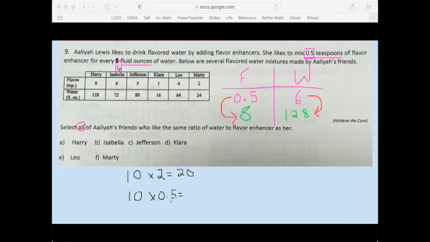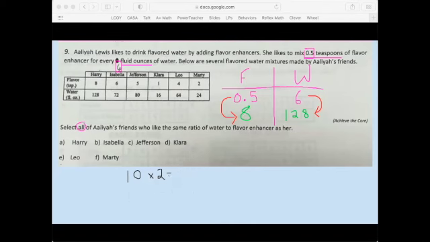So the way I like to think of it is that half is smaller than 1. So we're multiplying by half, which is going to make our answer smaller, but it's going to make it half as great. So 10 times half, if I half 10, I'm going to end up getting 5. And this little concept right here is going to help us figure out what we're multiplying the 5 or the 0.5, the 5/10, by to get 8.